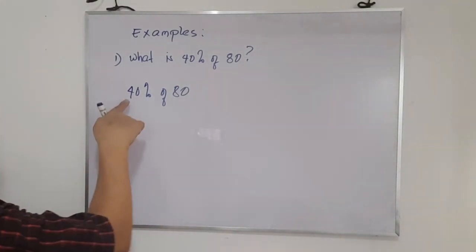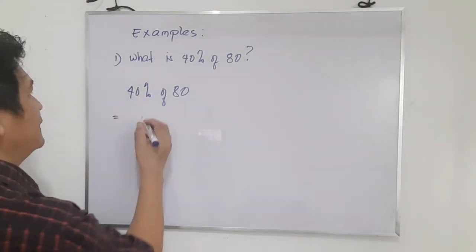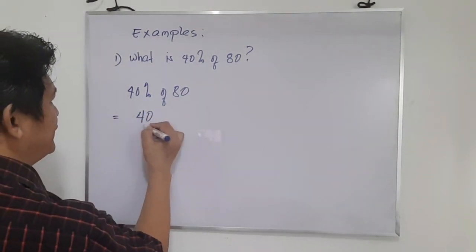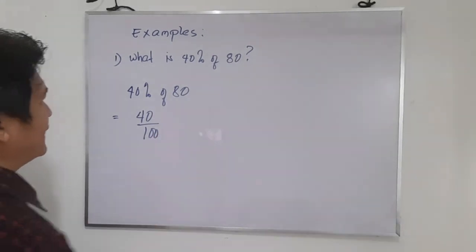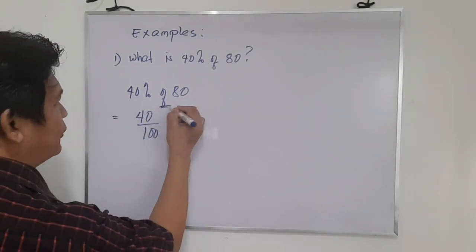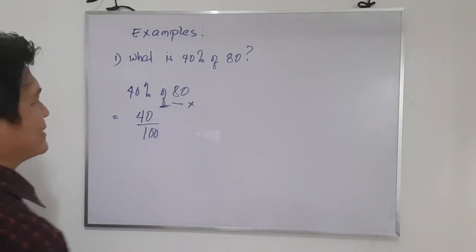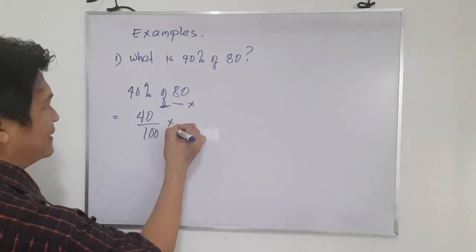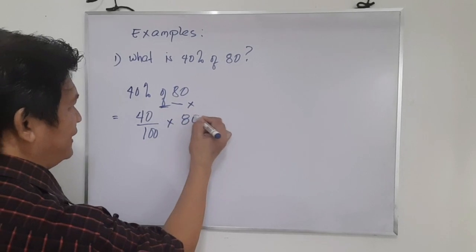If we change this into a fraction, that becomes 40 over 100. We remove our percent symbol and we change your "of" into a multiplication sign. So that becomes times 80.